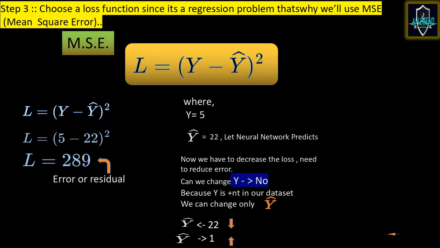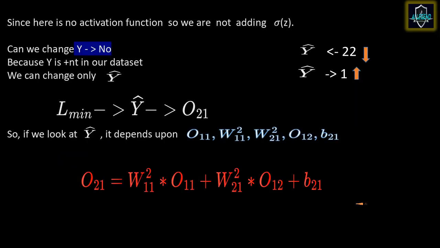Now we have to decrease the loss, we need to reduce the error. I can't change y because it is in our data set, so we will change y hat. In this case, my y hat is 22, so we need to decrease it.